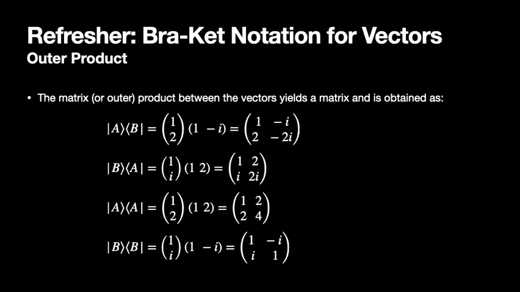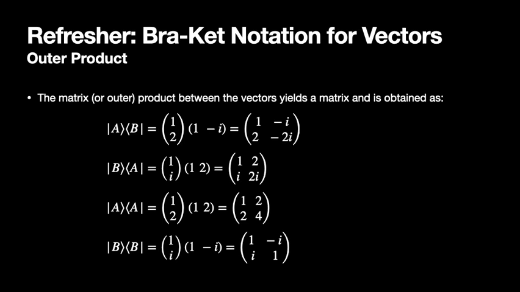Now you can do this operation with all the examples of the kets and bras that we have talked about so far. So for instance, when ket B comes together with bra A in the order that we have written on the second line in the slide, you get another matrix. Likewise, ket A can come together with bra A to give you another matrix, and likewise ket B can come together with bra B to give you yet another matrix.